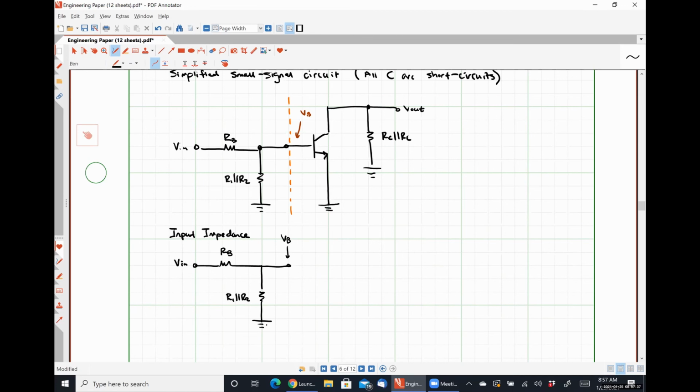And connected to the right-hand side of that node VB is going to be what? So what do I see when I'm looking in through that input terminal? Just that resistance Rin prime, right?